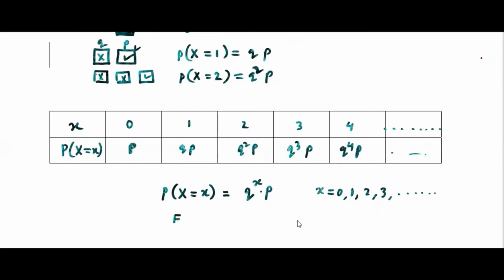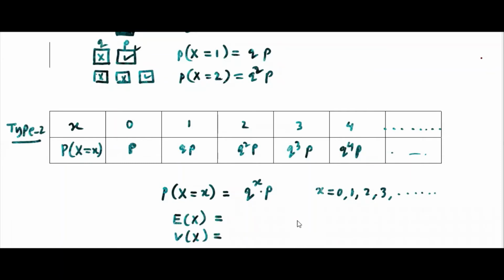Then you need to find expected value of x and variance of x. This is geometric distribution type 2. You have to find expected value of x and variance of x. Okay, so this is a task for you. You can do it yourself.